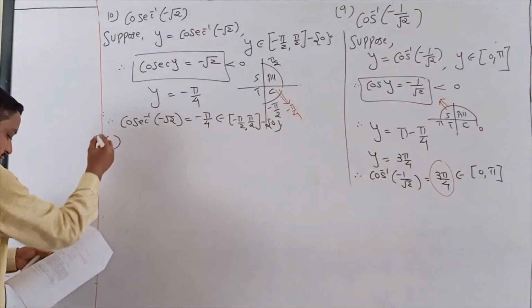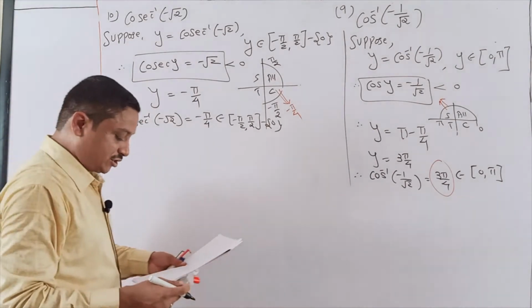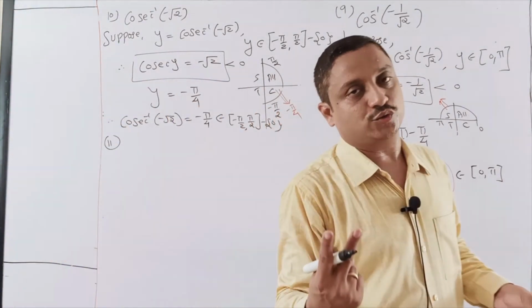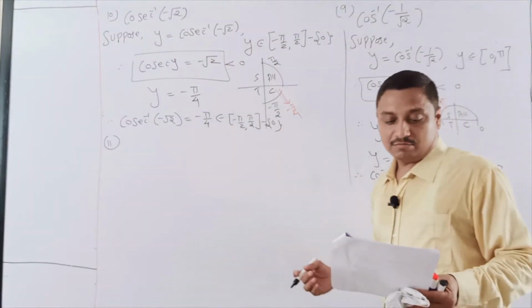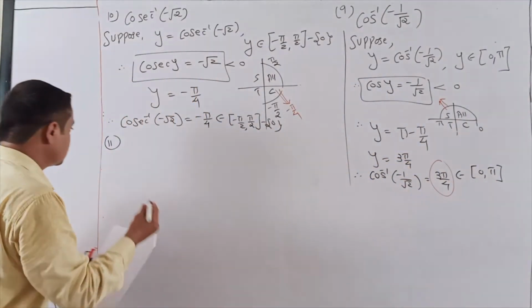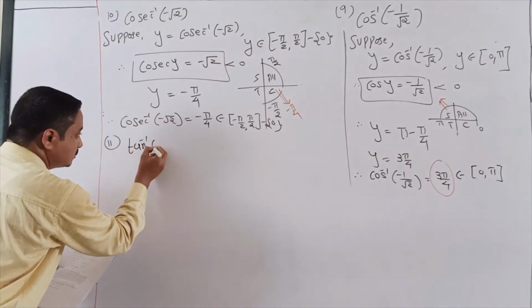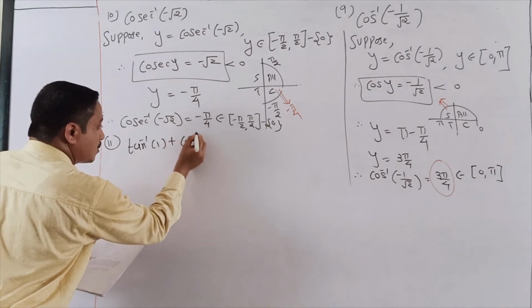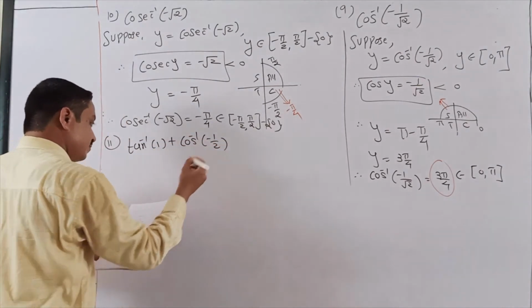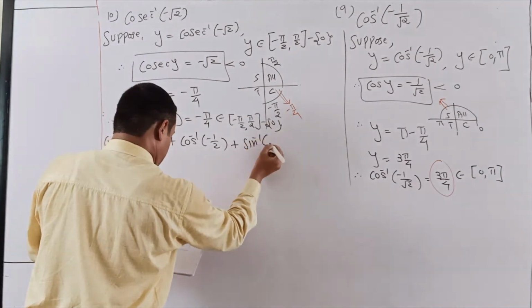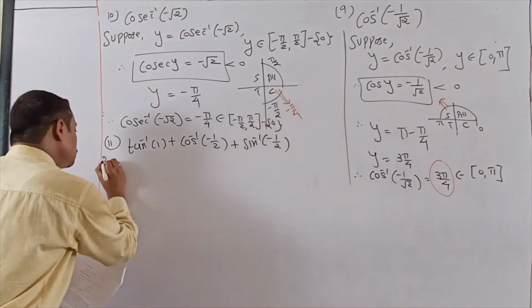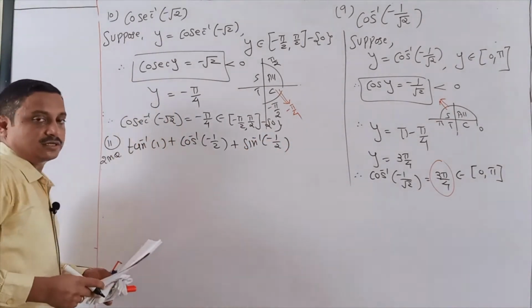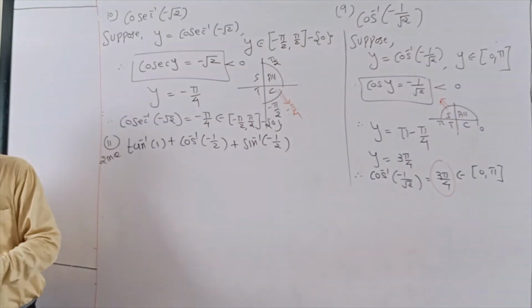Question number 11. Now students, question 11 is converted to 2 marks questions. So now let's start the big one. 2 marks question: tan inverse 1 plus cos inverse minus half plus sin inverse minus half.